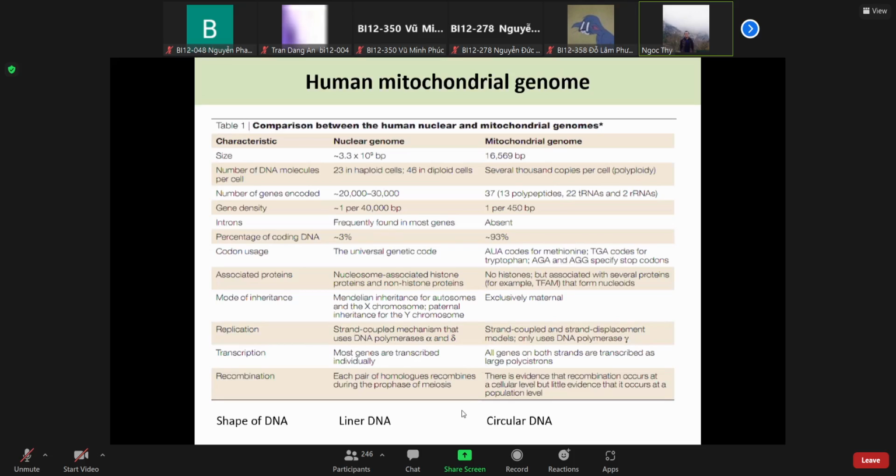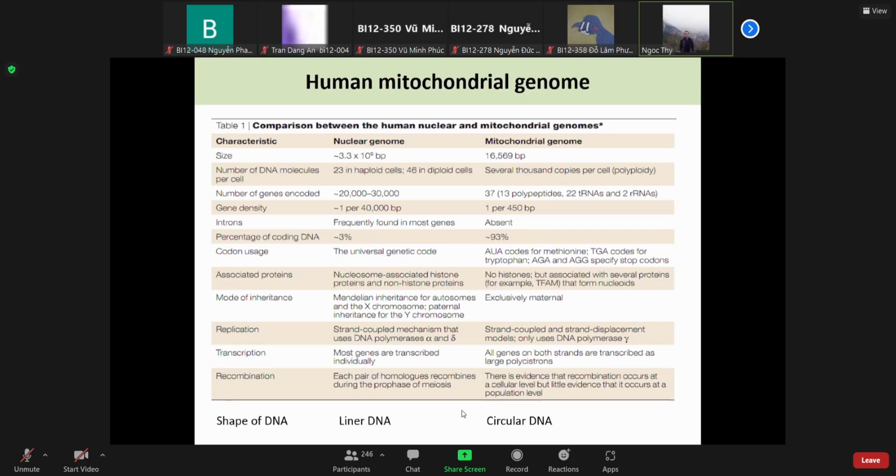The next comparison is about the number of genes encoded. According to the Human Genome Project, a normal individual will have around 25,000 genes in the human genome, where a gene means coding for a protein or other coding RNA.